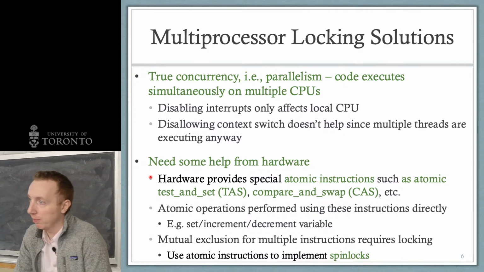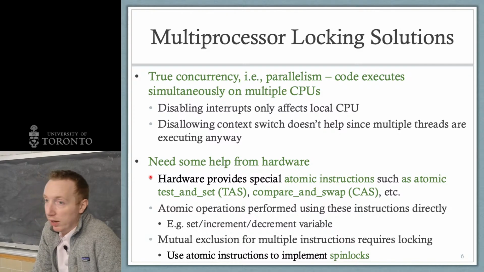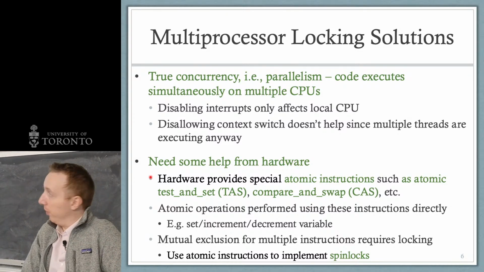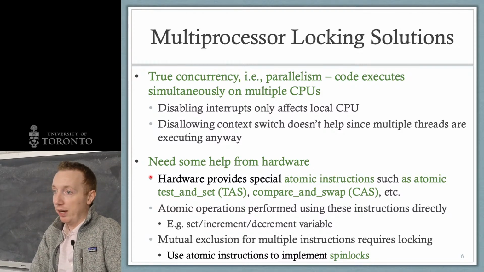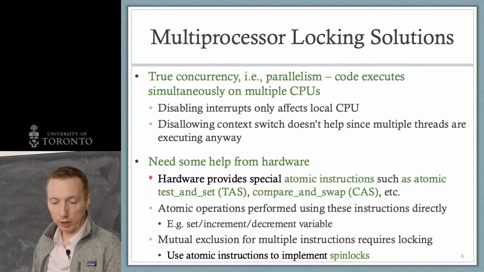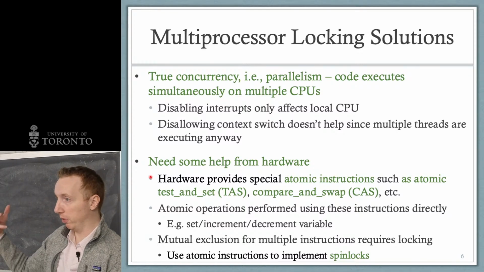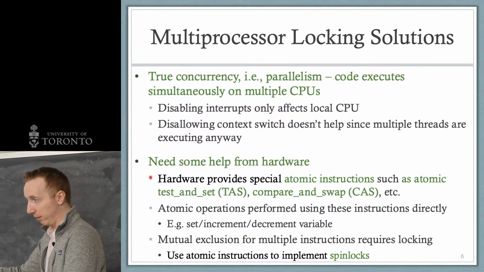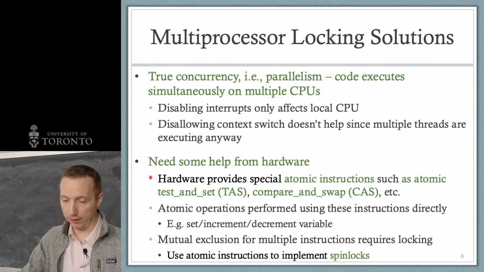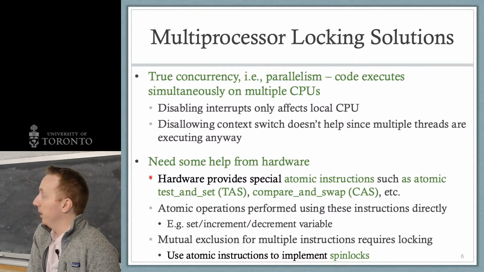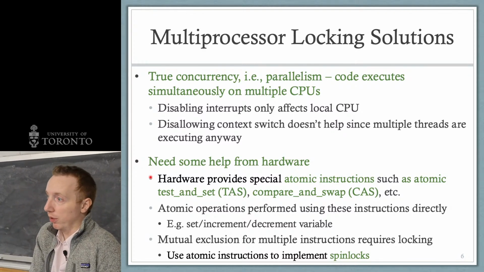There are some hardware atomic instructions that we use to implement all of our locks. The main ones are something like test and set: I can atomically test a value and set it equal to 1. Or compare and swap: given some memory location, I can try to compare that value and swap it if it has a certain value. Those happen atomically, which means they either happen all at once or not at all.